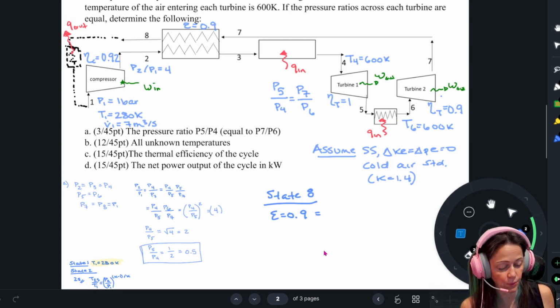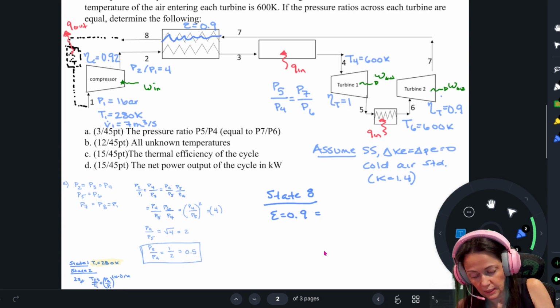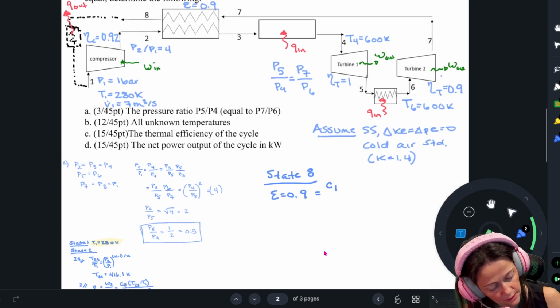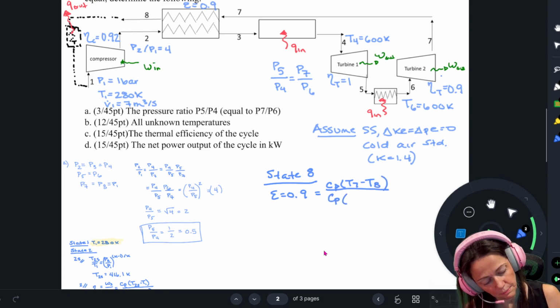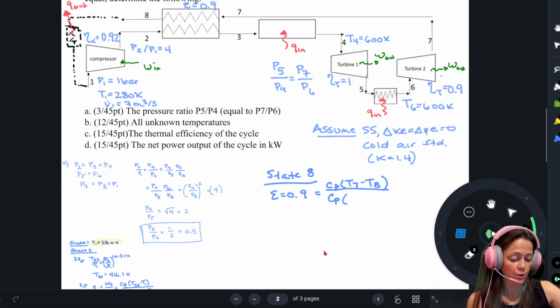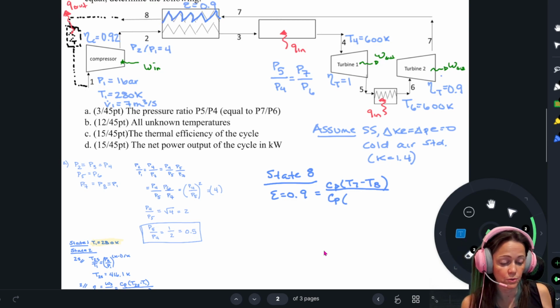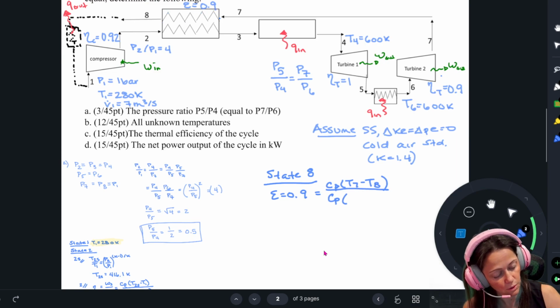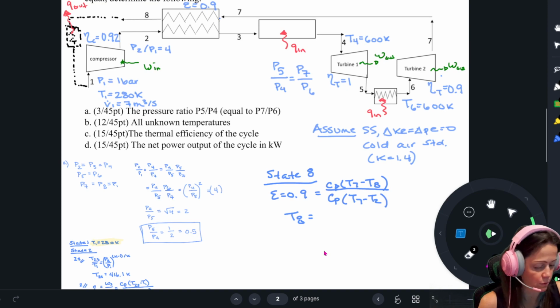If you did that, your equation would be Q regen defined from this top squiggly here, which is delta H or Cp delta T. So T7 to T8 over Cp times, by the time the working fluid flowed from this inlet to this outlet, it would have cooled all the way off to the lowest possible temperature, and that's T2. So on the bottom, it's T7 minus T2. And you could have solved for your T8 that way. T8 is 435.4.